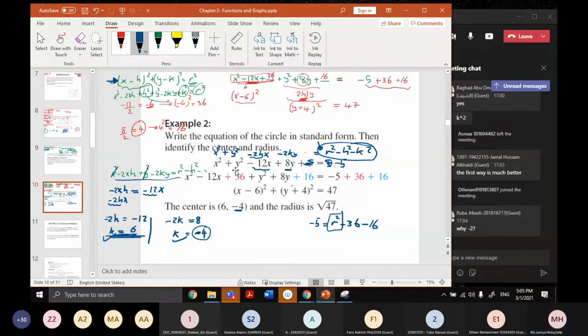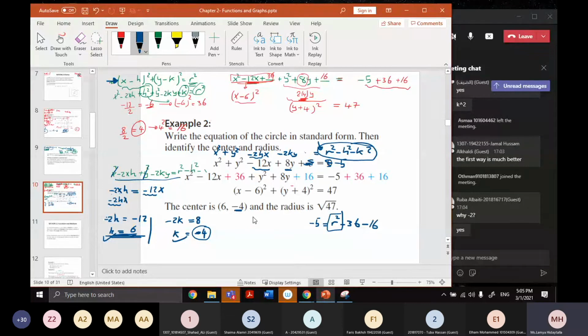So where am I getting these things from? Here, compare the 8y here with minus 2ky. So 8 is minus 2k. Is it clear now? So minus 2k equals 8, so k equals minus 4. Okay? Clear? Is it clear? Okay.